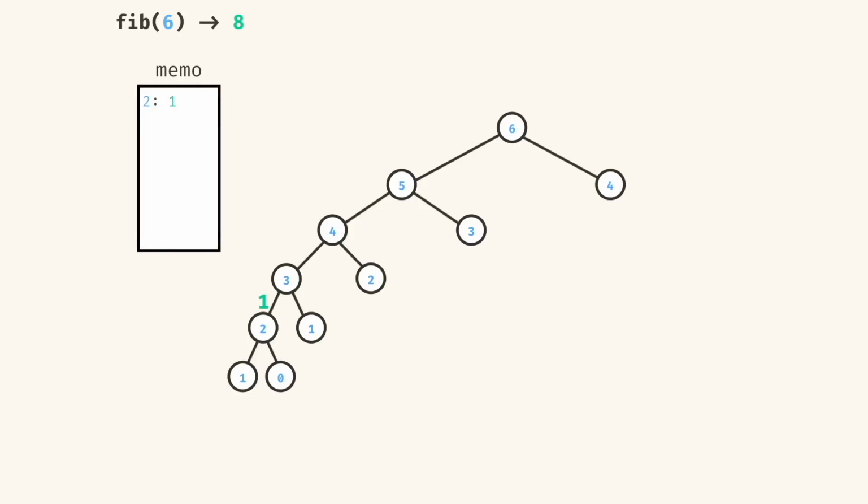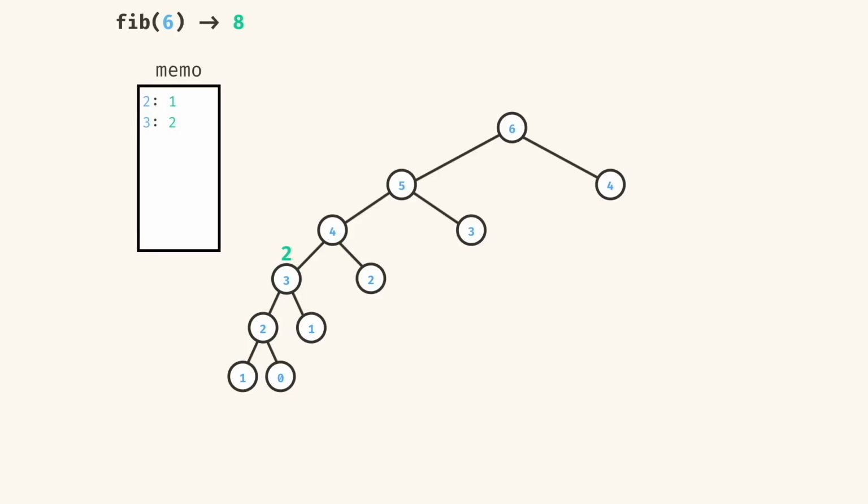And then its value is going to be that return value. And so if I look inside of my memo, it's a reminder that the second Fibonacci number is 1. So we'll continue this process. I know that I have a base case over here. It's still the case that the first Fibonacci number is 1, and I return to the parent. I calculate that, hey, the third Fibonacci number is 2, and I'm going to store that in my memo as well.